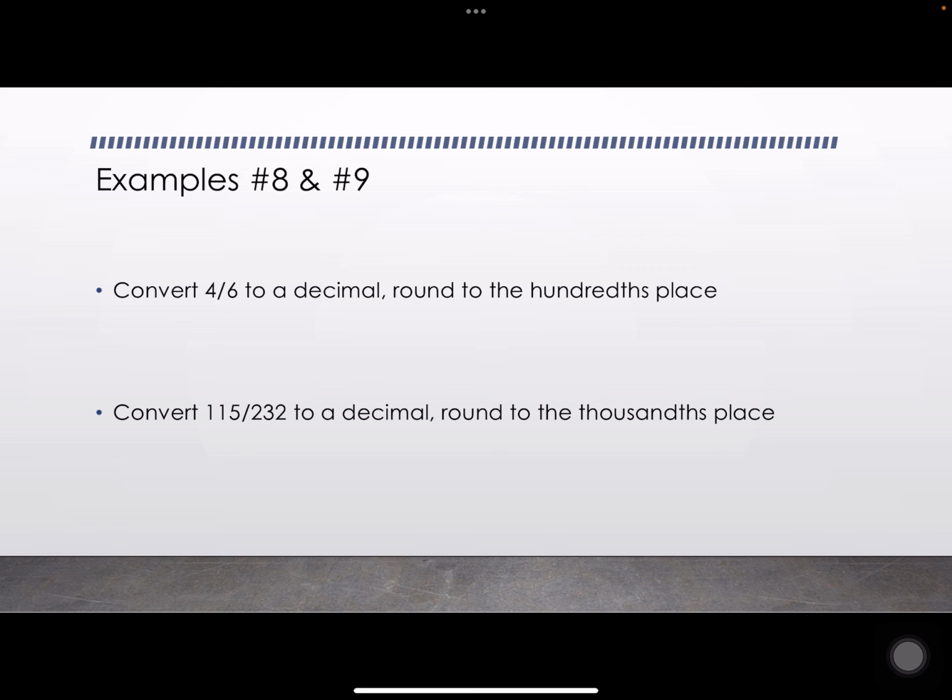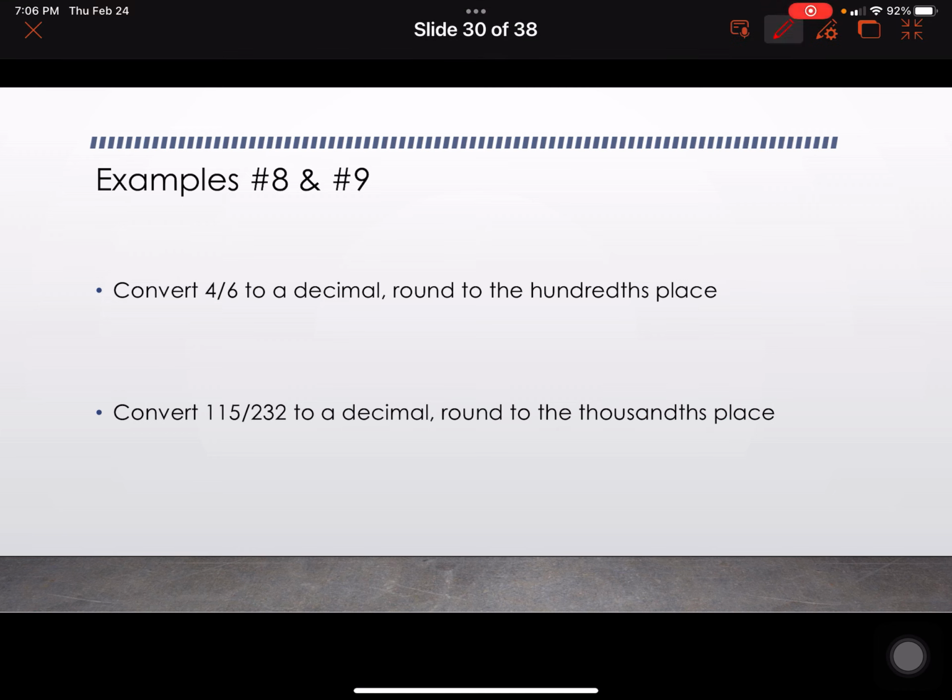Let's try a couple of examples here. Make sure you have a calculator handy and take a moment to pause to see if you can convert these fractions to decimals on your own. So 4/6 to a decimal is basically just saying 4 divided by 6.